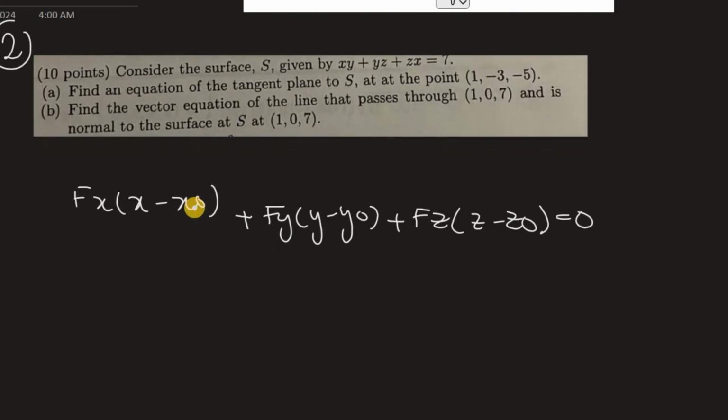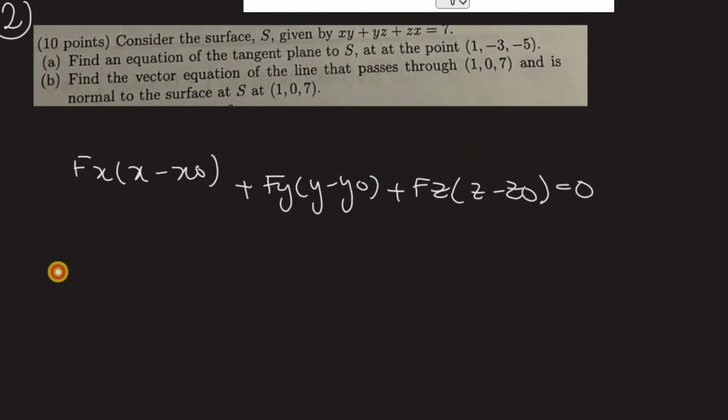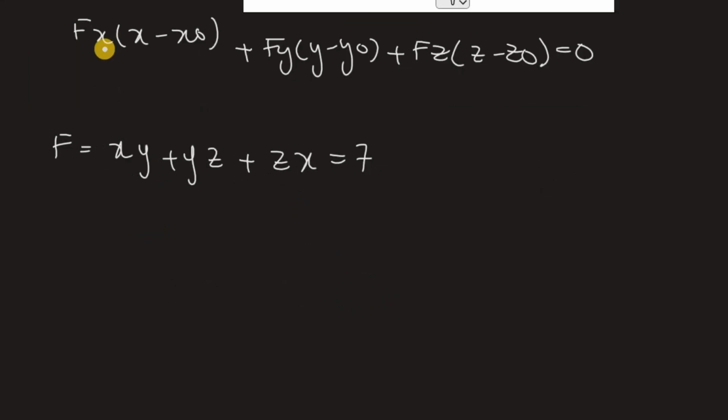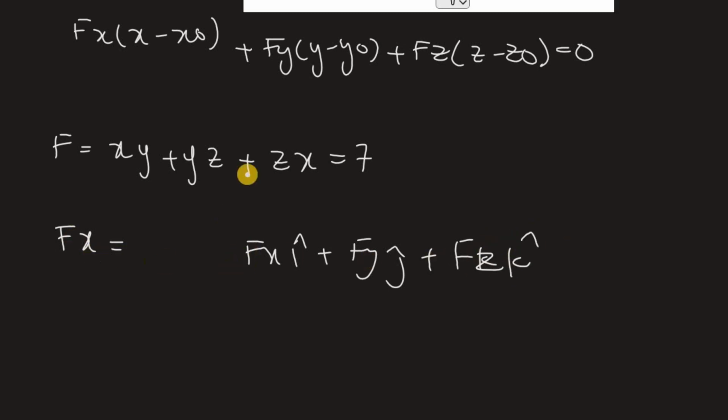To find the gradient vector, we have this equation over here, which is given as xy plus yz plus zx equals 7. First, let's find f_x. The gradient vector, you can find it all together like f_x i hat, f_y j hat, and f_z k hat, or you can break the components and write it all together later.